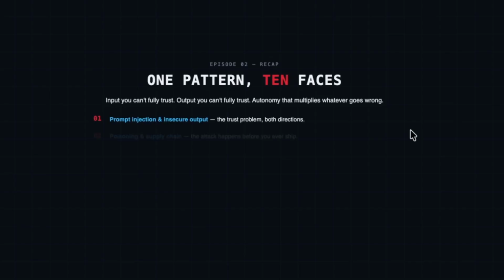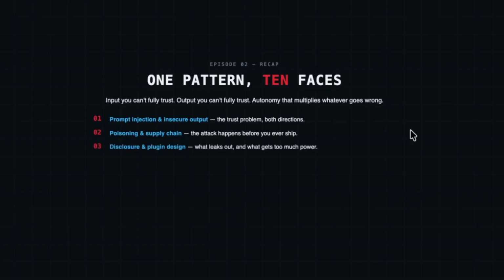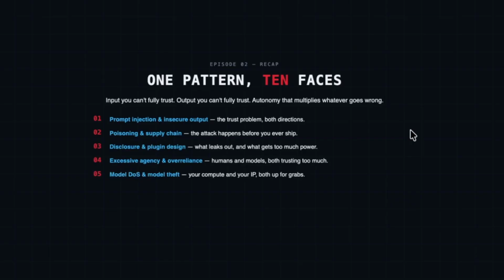Poisoning and supply chain, the attacks happen before you even ship. Disclosure and plugin design, what leaks out and what gets too much power. Excessive agency and over reliance, humans and models both trusting too much. Model DoS and model theft, your compute and your IP both up for grabs.